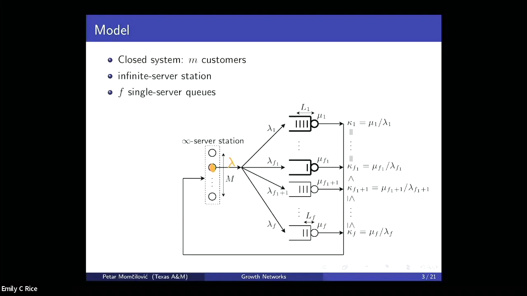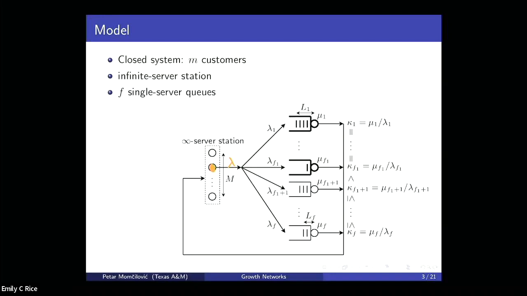Filaments are these Qs. I have a bunch of them; I have F of them. So there are F filaments in total. The way this works, servicing this Q represents that filament losing one monomer, so a monomer is detaching and going to what people call the free pool. This is the model.